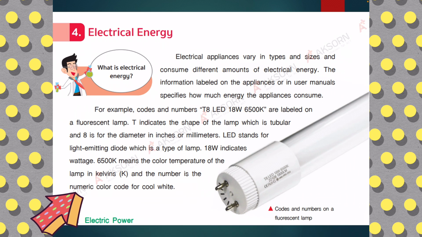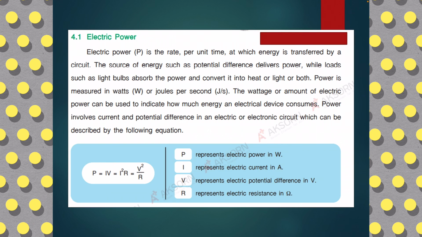Okay, so you could see here an example, which is the bulb that we use. Most of us here use this one in our homes and in school. So every information there has something to do with the electrical energy of these appliances. Did you understand?